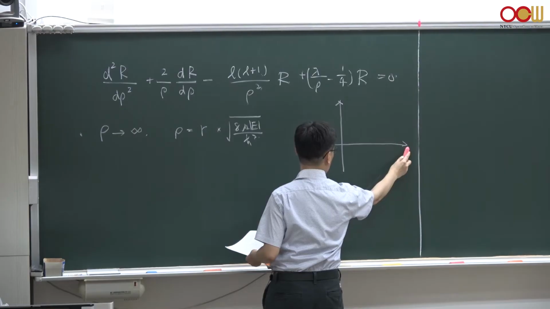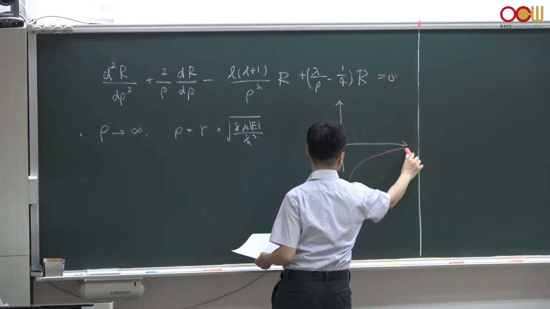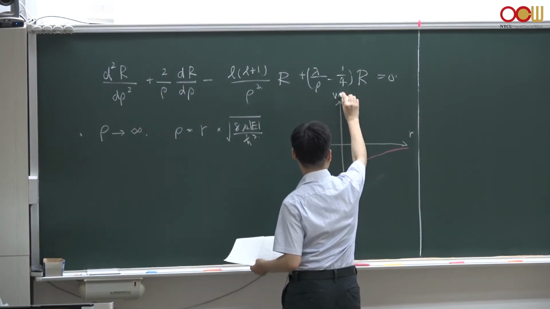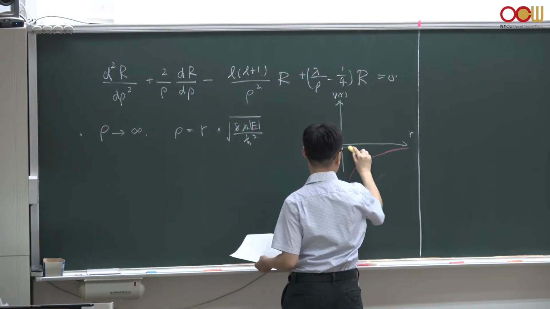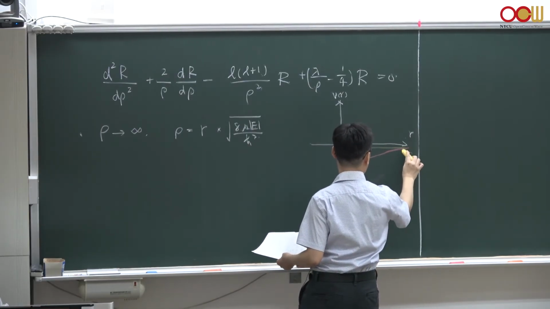Suppose we are really far away, what happens? This is r, and this is V of r. So suppose r is almost infinity, what happens?